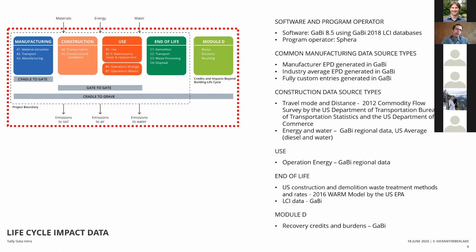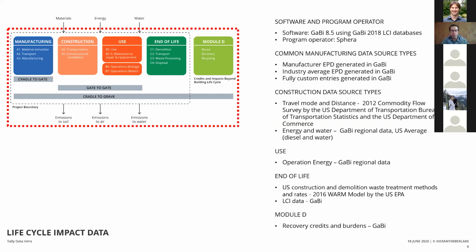And then end of life is actually quite challenging. A lot of people always want to have their own end of life scenarios, but we actually use what's just average or generic for the US. And that's provided by a model referred to as the WARM model, that is generated by the US EPA. And that looks at the various waste streams, particularly, it includes construction materials.